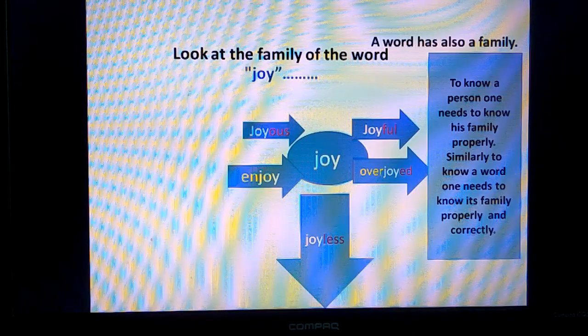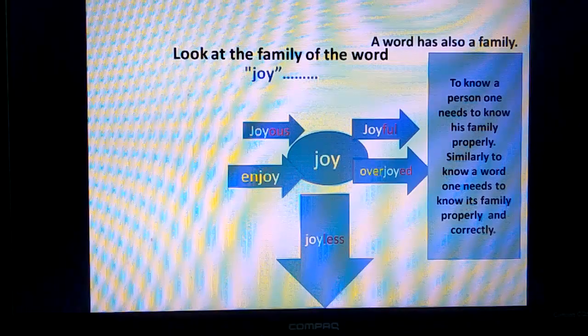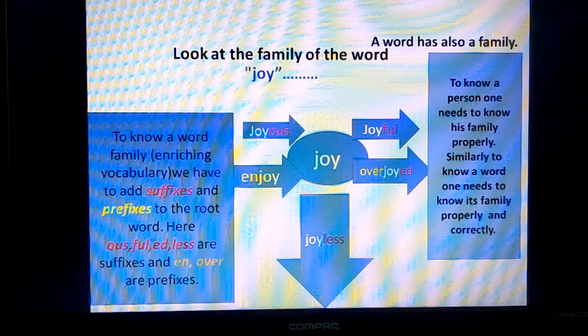Red marked letters are added after the joy and yellow marks are added before the joy. And this is a technique to make new family members of a particular word. Red marked letters are called suffix and yellow marked letters are called prefix.